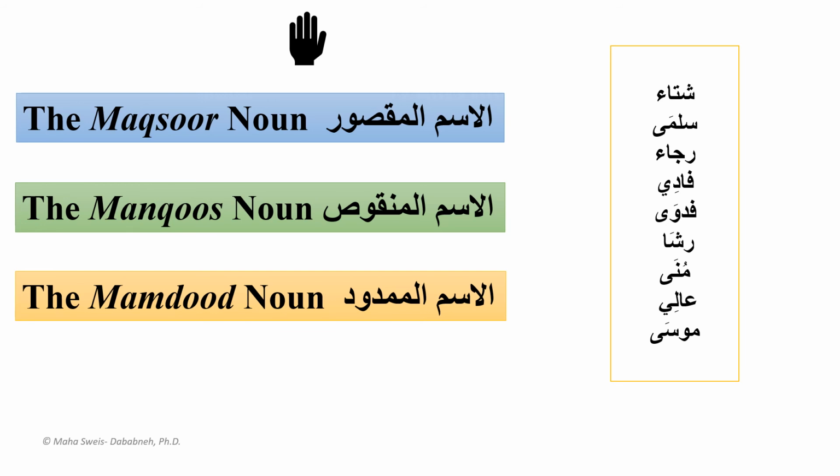Is شتاء اسم مقصور or اسم منقوص or اسم ممدود? Now please stop this video right now. Click on stop and find the answers. After that, next slide is gonna be the correct answers. Please click on stop and do your own practicing. Then check.